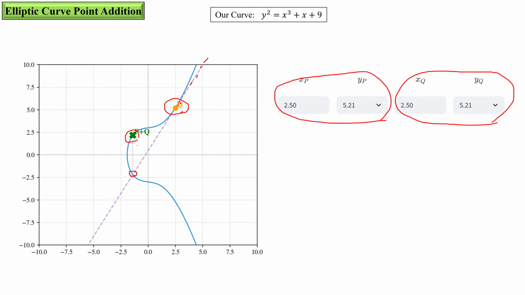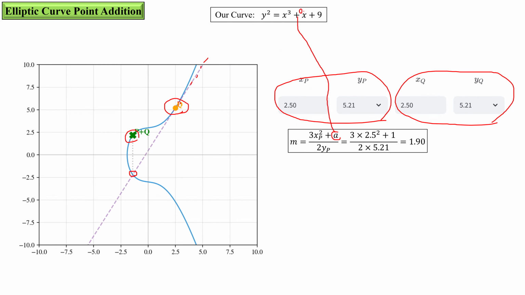So for this form, the formula to compute the slope is different from the previous formula. Now the formula is 3 times x of p squared plus a, where a is the value picked from here, right?